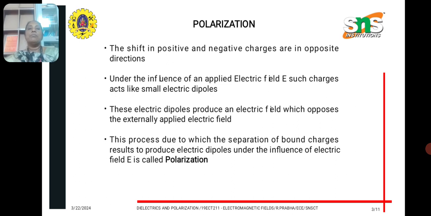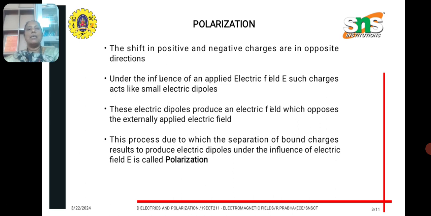Because of the applied electric field intensity, the positive and negative charges shift in opposite directions. Under the influence of an applied electric field, such charges act like small electric dipoles because they have both positive and negative charges separated by some distance.